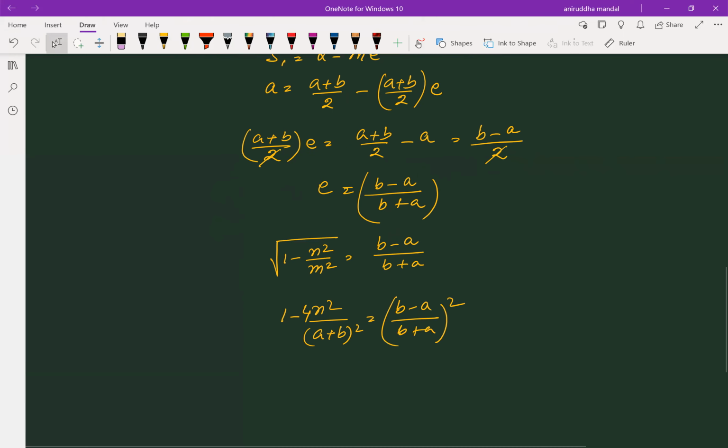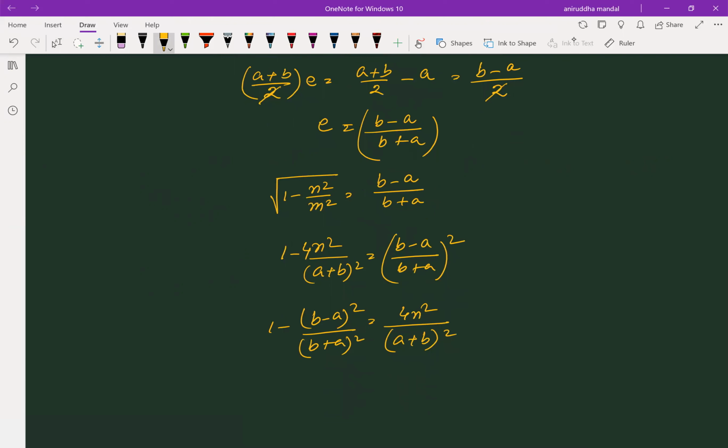Now simply solve for n. So 4n square divided by (a plus b) whole square equals 1 minus (b minus a) whole square divided by (b plus a) whole square. So this (b plus a) whole square will cancel on both sides, and we have this 4n square.